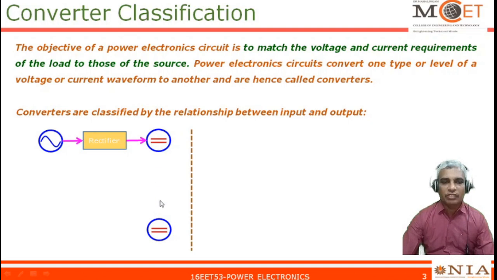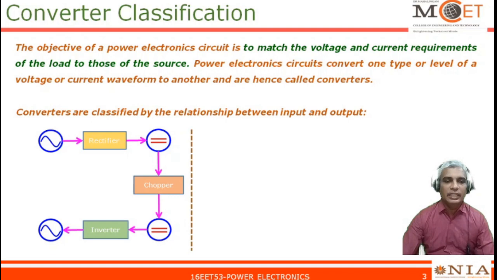So I need some sort of a power electronic interface between these two, and that interface is what we call a chopper. And again, if the source is DC and load requires an AC voltage or AC current, then I require an interfacing component between these two, and that interfacing power electronics component is what we call an inverter.